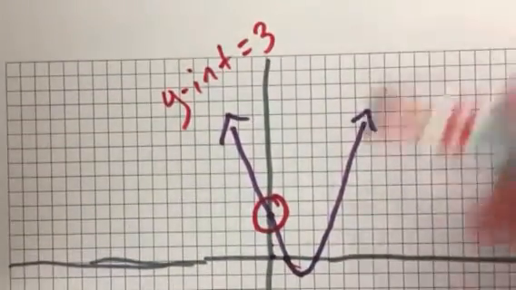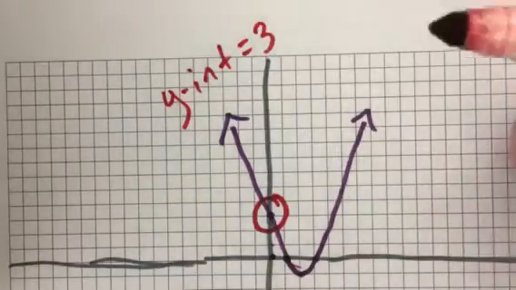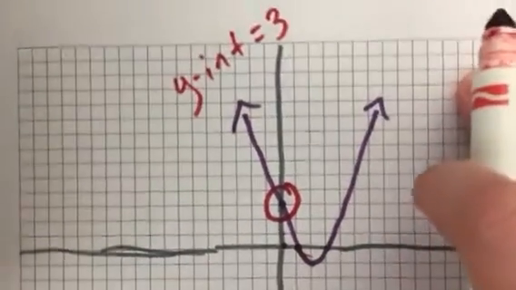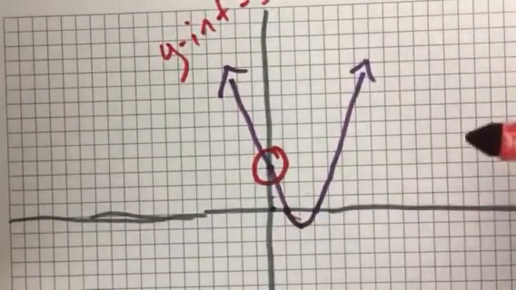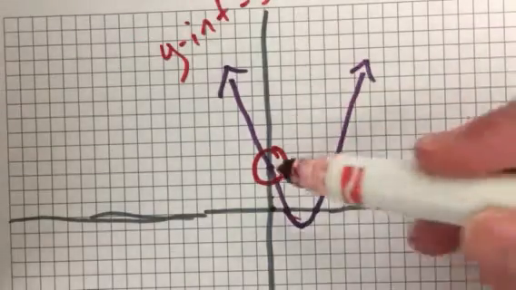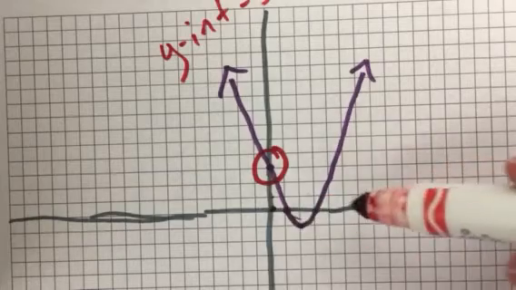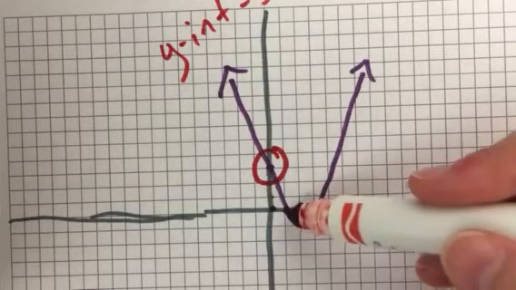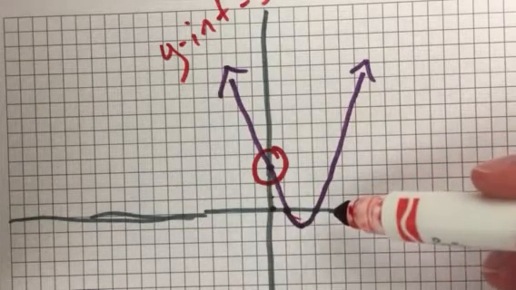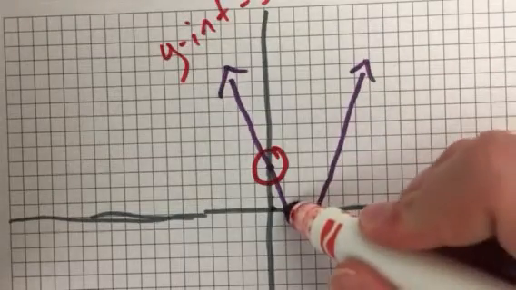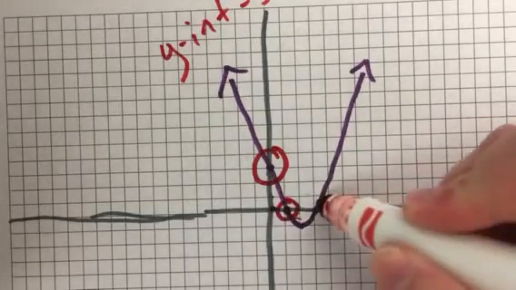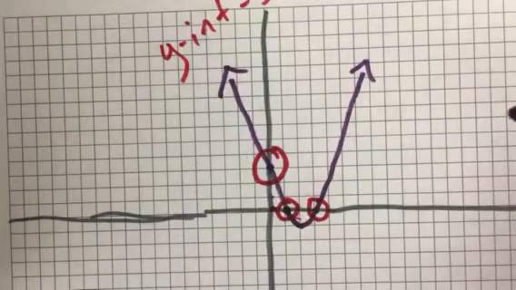All right, so there's the first point that we want to find. You always want to find the y-intercept. Going along with that, we also want to find our x-intercepts. Again, we're going to look along our x-axis this time. X-intercepts are where your graph or function intersects with the x-axis. So here is an x-intercept, and here's the other x-intercept.